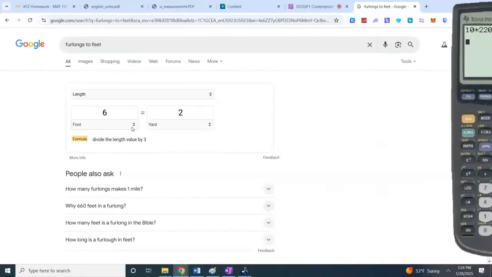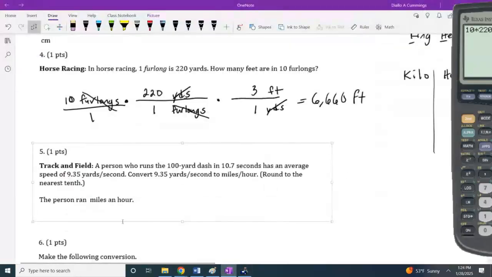And I get it exactly. Sometimes you might have to finesse them a little bit, but notice when I put strictly furlongs to feet, I got a little fudge factor at the end. All right, so that was number 4.